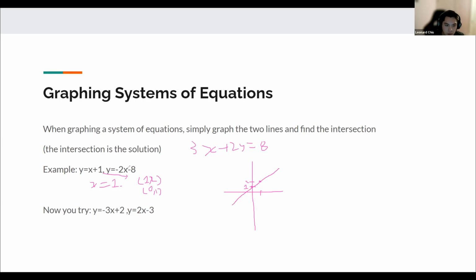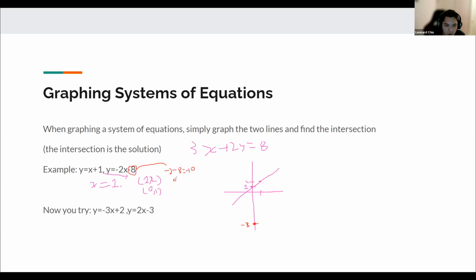Now for our second graph, I'm going to use a different color. Let's use red. We know that the y-intercept is -8, so there's going to be a point right here. Let's just estimate it, -8. This is going to be a point. Now, if we plug in 1 into the equation, we're going to have -2 minus 8, which is -10.